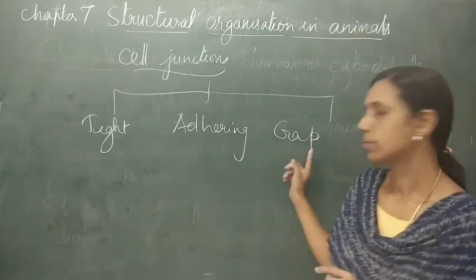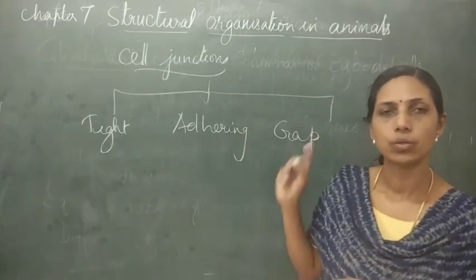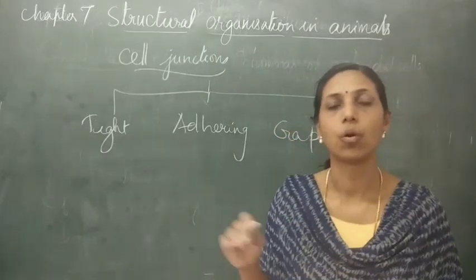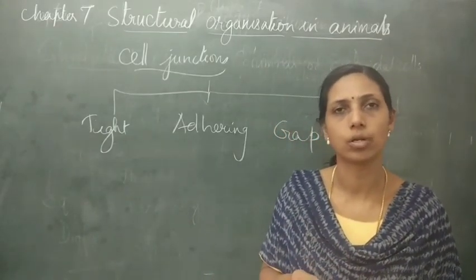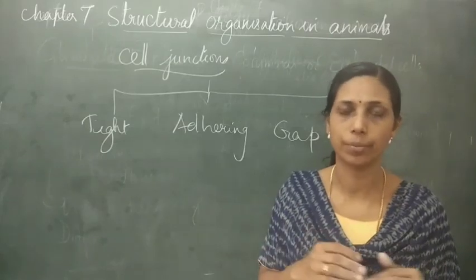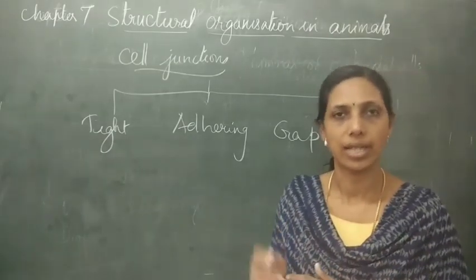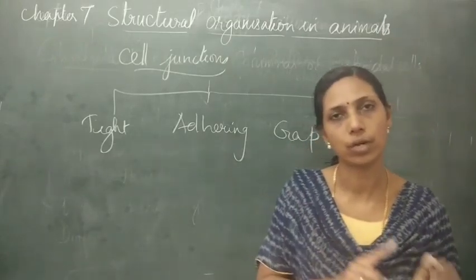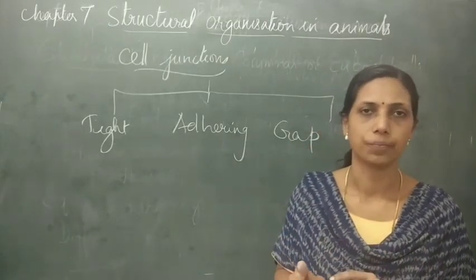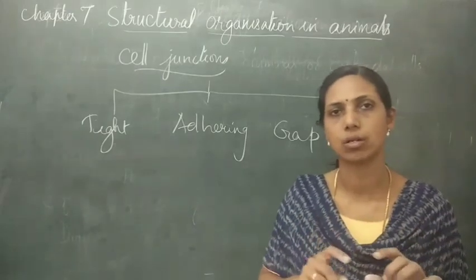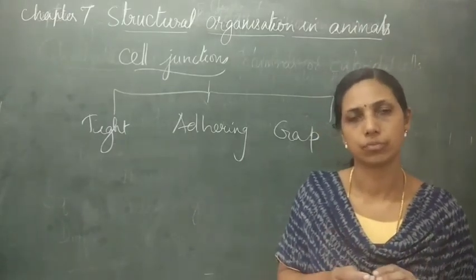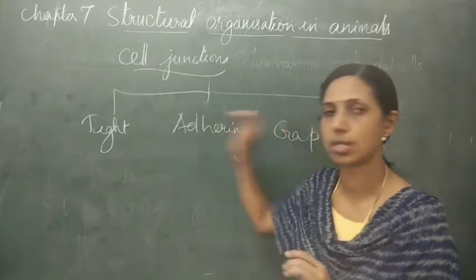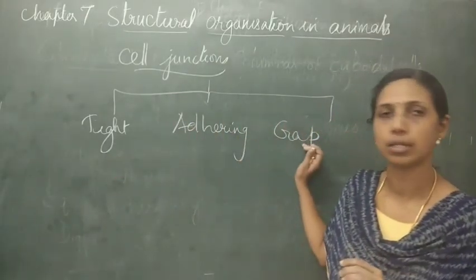And gap junctions are junctions which help in the movement of molecules, ions, and small molecules across the membranes, from one cell to the next cell. With the help of special proteins, they help the flow of materials from one cell to another. So there are three types of cell junctions: tight junctions, adhering, and the gap junctions.